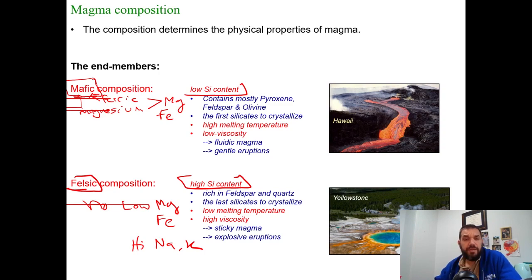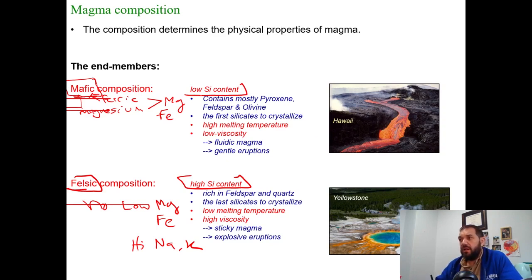Be really careful with this because a lot of students get minerals and elements of the periodic table confused. Magnesium and iron, sodium, potassium, silicon, those are all elements of the periodic table. Most of them are not minerals. And if they are minerals, they're definitely not minerals that are common or present in these kinds of rocks.